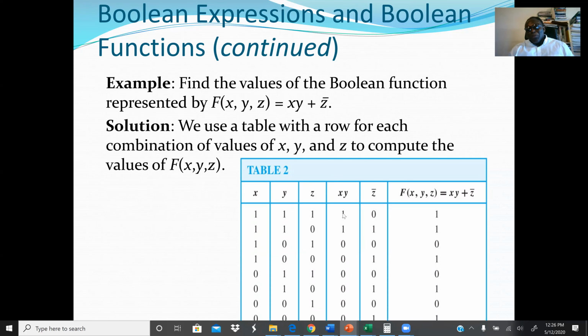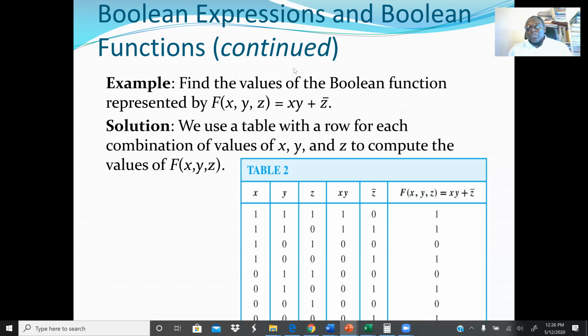So with 3 variables, B always will be 2 because it's Boolean, possible values 0 and 1. So 2 to the power 3 gives me 8. The possible combinations are exactly 8: 1, 2, 3, 4, 5, 6, 7, 8. So we get 1,1,1; 1,1,0; 1,0,1; 1,0,0; 0,1,1; 0,1,0; 0,0,1; then 0,0,0.